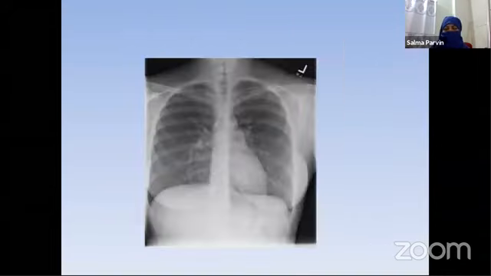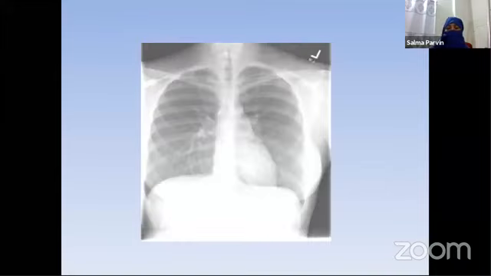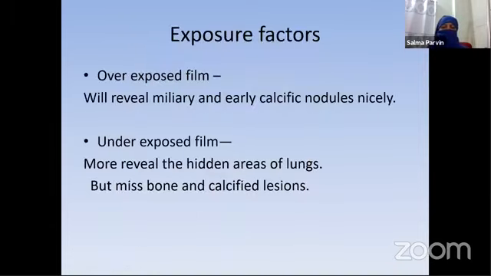This blacker one is overexposed, and this is an underexposed film, whiter than usual. So the overexposed film will reveal miliary and early calcific nodules nicely, and the underexposed film reveals the hidden areas of the lungs, but misses bone and calcified lesions.